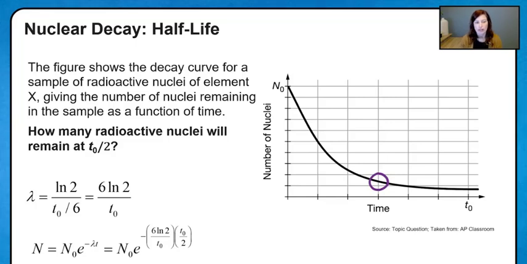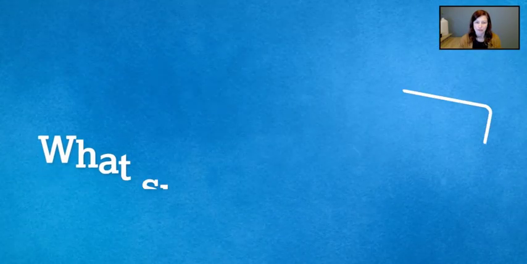So I've substituted in T0/2 for time. After a little bit of simplification, that's N0 times e to the -3 natural log of 2, which if you calculate that out, is 1/8. So we'll have 1/8 of our initial quantity at time T0/2.